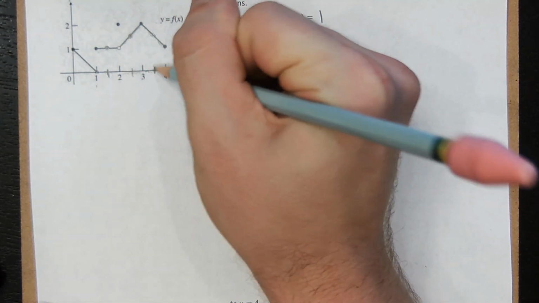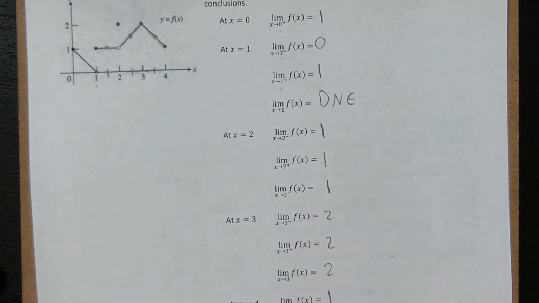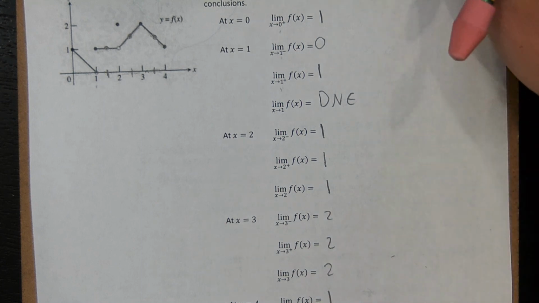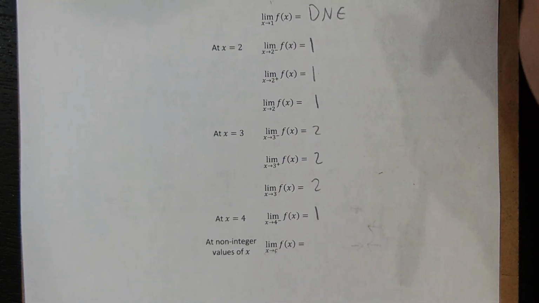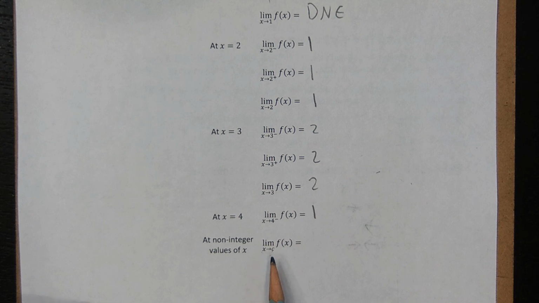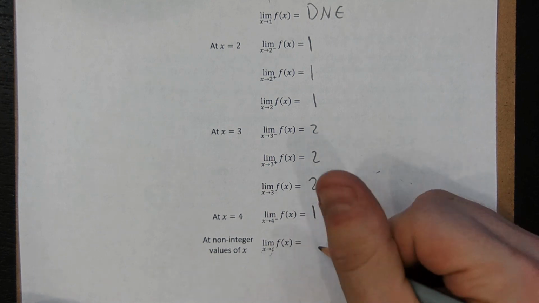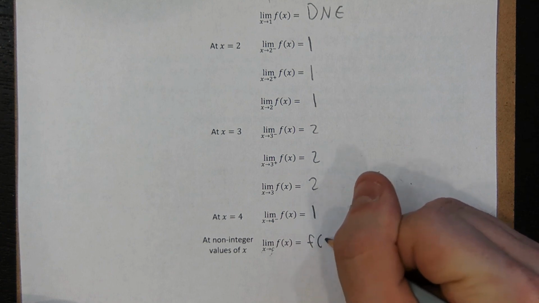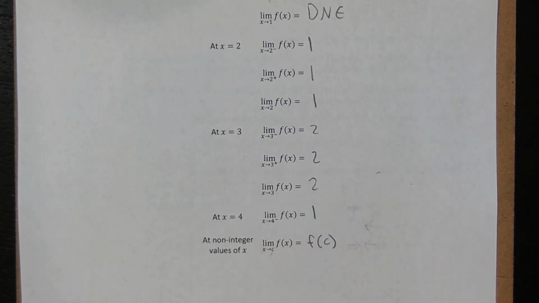How about 3.5? I'd get this y value. Basically, the only time I had any issues, if you're looking at the picture, were at the integer values. So that means I actually don't have a problem with plugging c into the function at a non-integer value. So then what is the limit as x approaches any constant that's not an integer? It's whatever y value you get when you plug that number in.